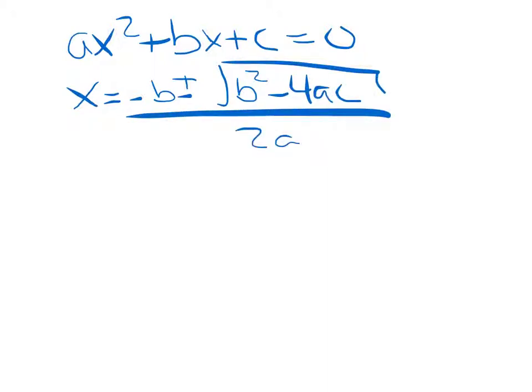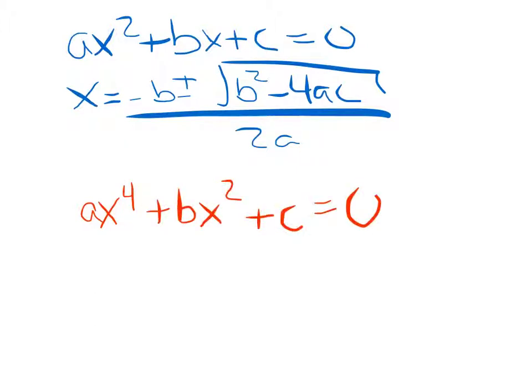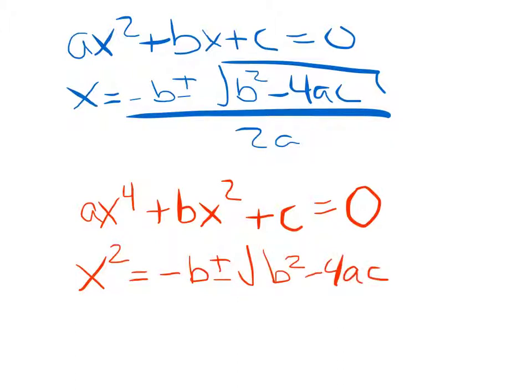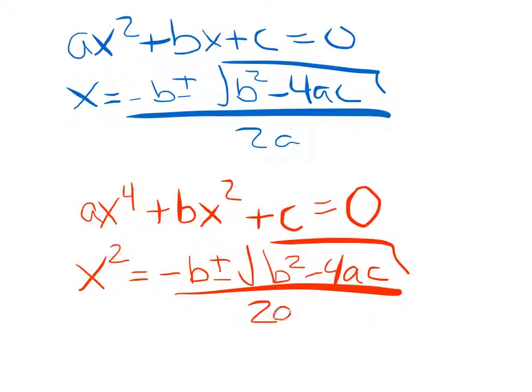If you have something instead in the form ax to the fourth plus bx squared plus c equals 0, and we don't want to factor it because of this a, we can say that the linear term here is now the quadratic term, so instead of solving for x like we did here, I will now solve for x squared and say x squared equals negative b plus or minus the square root of b squared minus 4ac all over 2a.